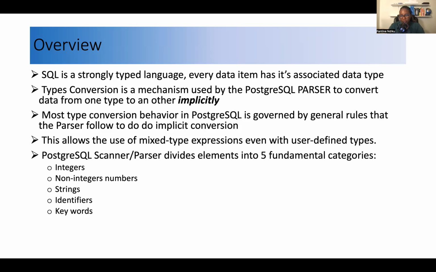If it's not possible, then it will be our duty to make sure that we convert it explicitly. Other than that, we get some error. So the scanner parser divides elements into 5 fundamental categories, which are integers, non-integer numbers, also the strings, the identifiers, also the keywords.